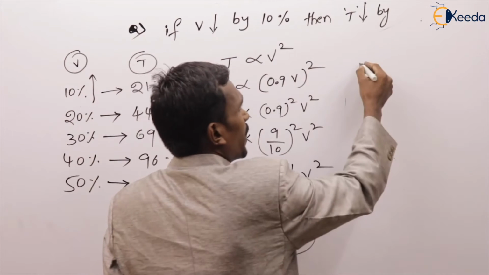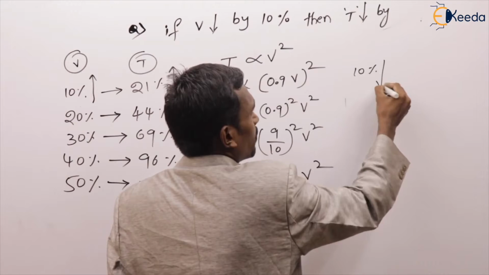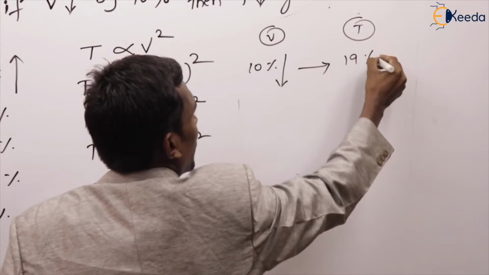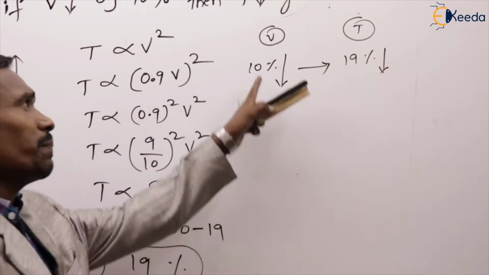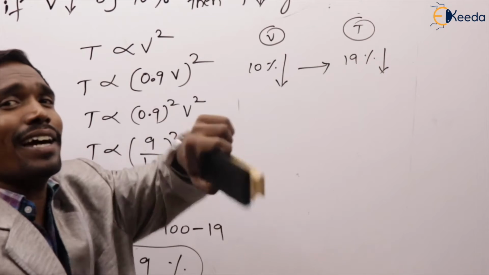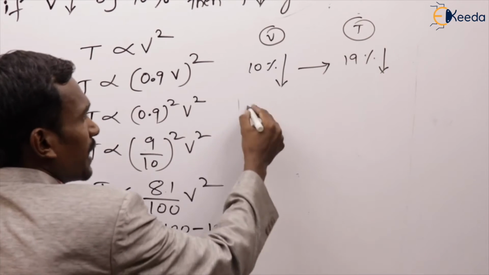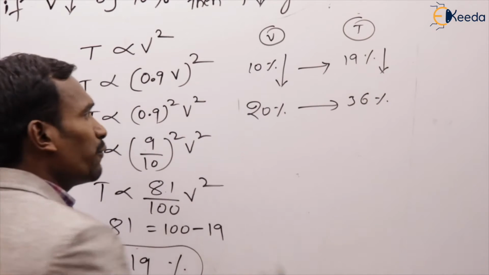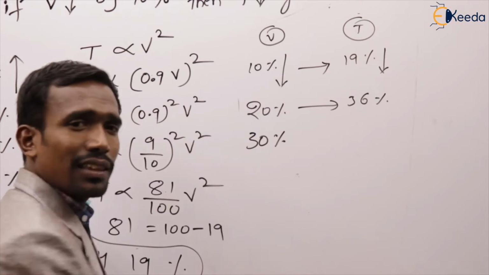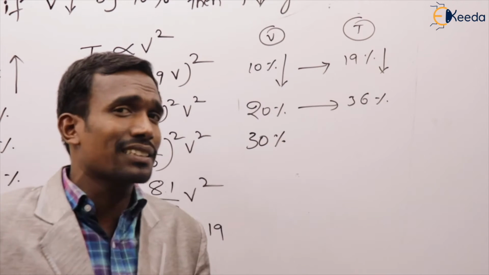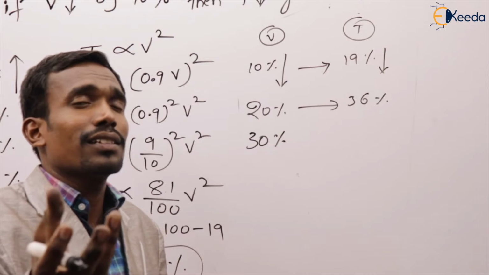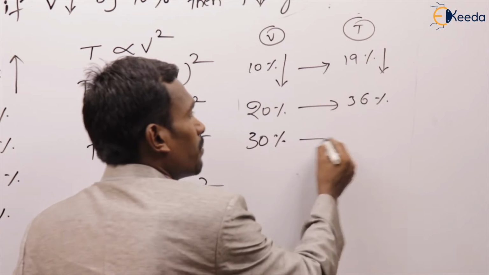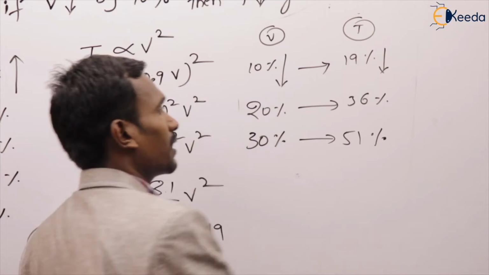If voltage reduced by 10%, torque reduced by 19%, because 10% reduction is nothing but 9 square, 81. If voltage reduced by 20%, the answer is 36%. If voltage reduced by 30%, that is 0.3 less, nothing but 0.7. 7 square is 49, nothing but 100 minus 51.